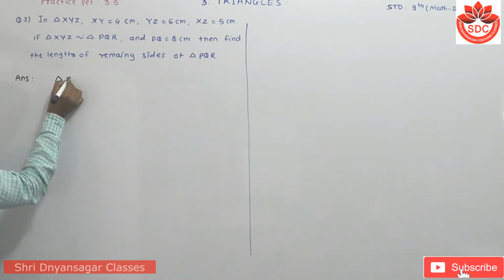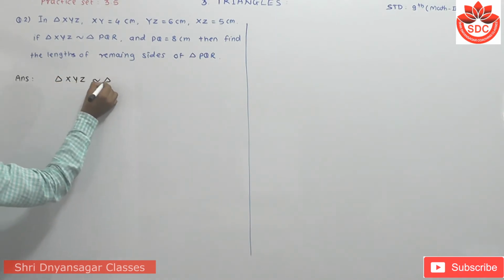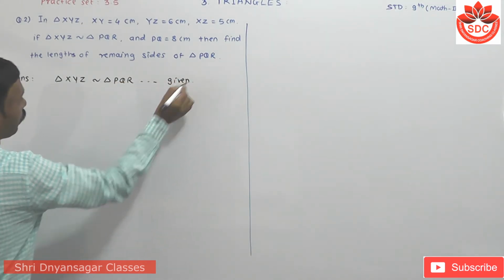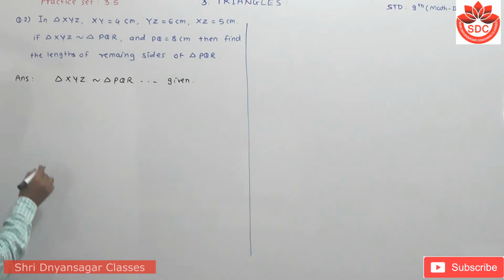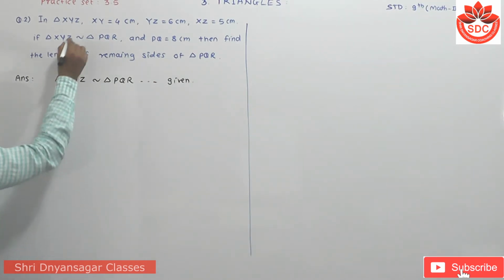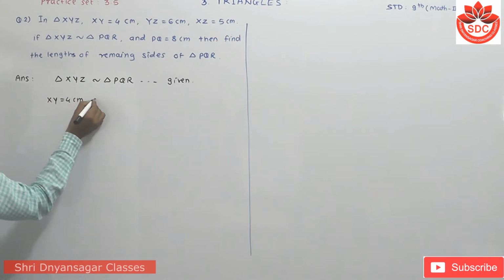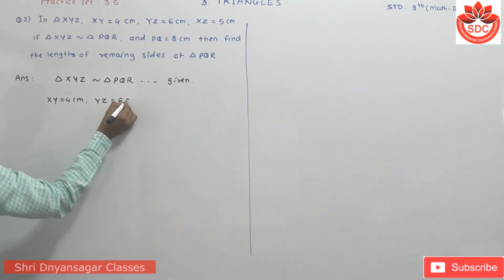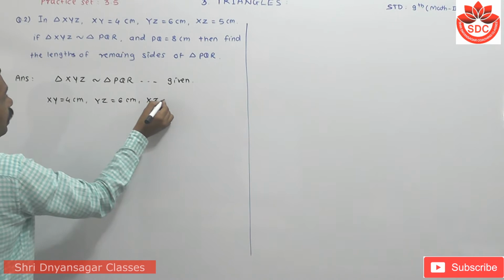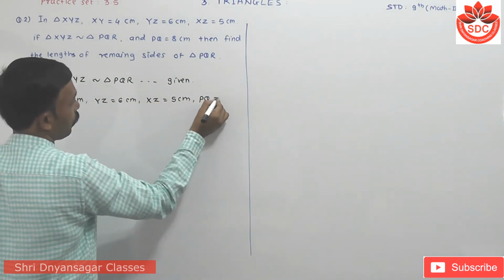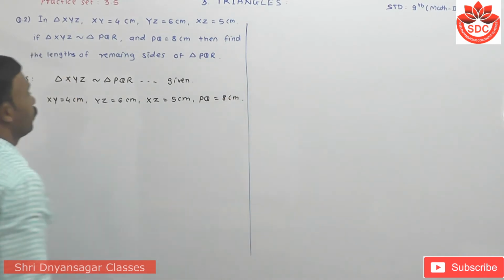Triangle XYZ is similar to triangle PQR, this is given. Also given: XY equals 4 centimeter, YZ equals 6 centimeter, XZ is 5 centimeter, PQ equals 8 centimeter.